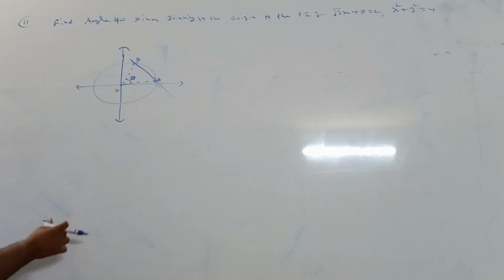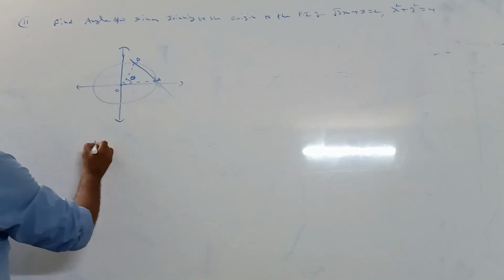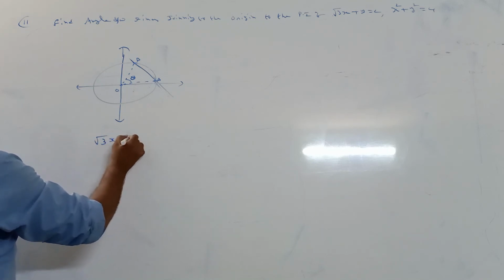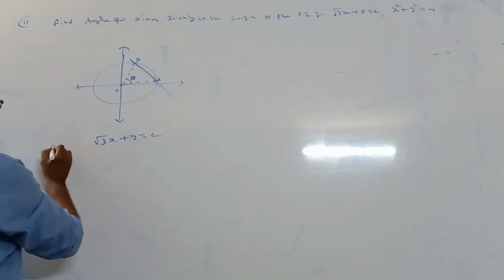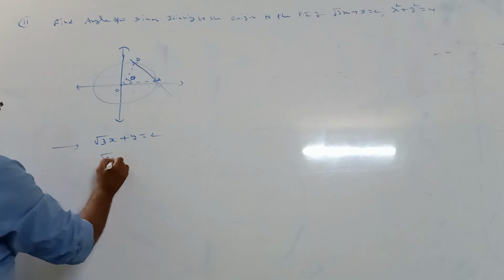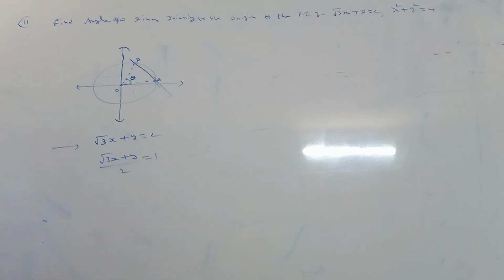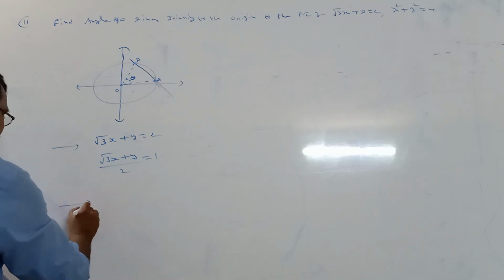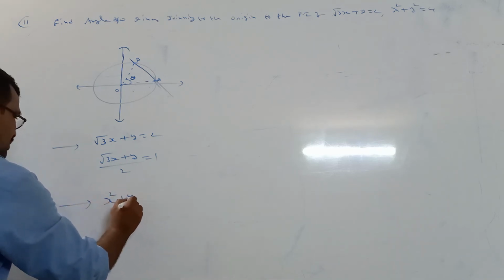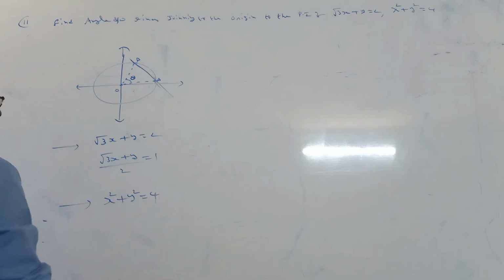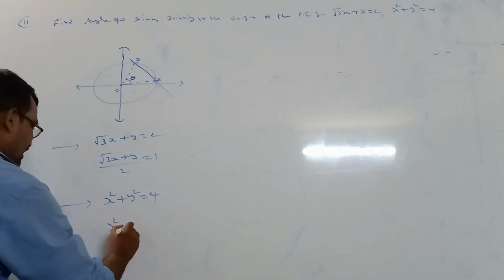That means to obtain the pair of lines by homogenization. So homogenization means first of all take the line root 3x plus y equal to 2, so obviously root 3x plus y by 2 equal to 1. The curve is x square plus y square equal to 4, so there are no first degree terms.